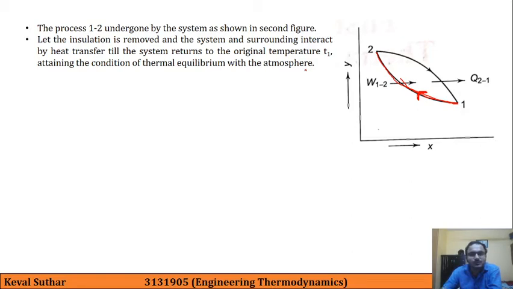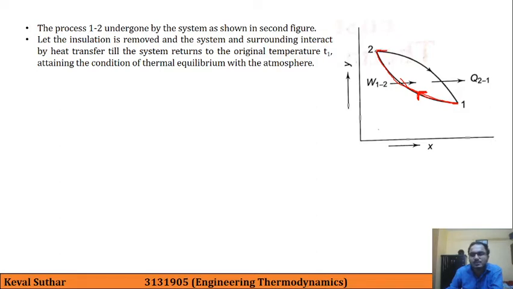So here, once we remove the insulation, water will lose its heat and there will be a decrease in its temperature, and this will happen till the water reaches the environmental or atmospheric temperature. So there will be a heat transfer from the system.